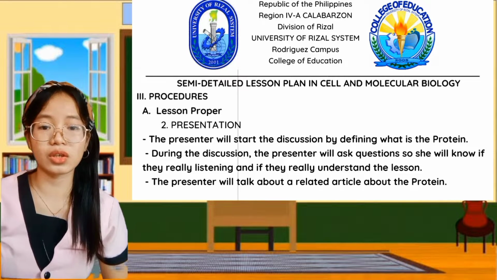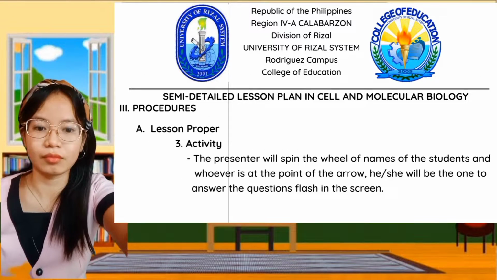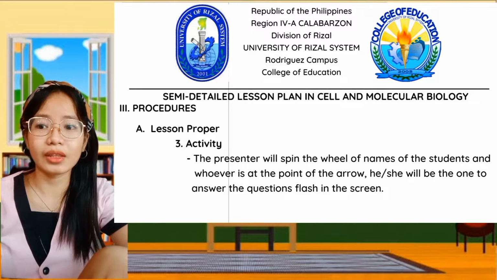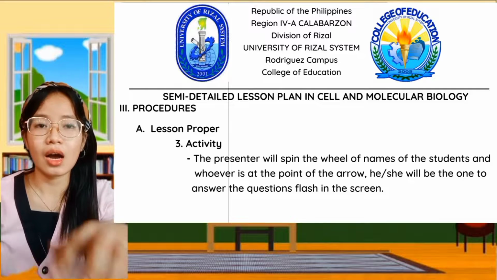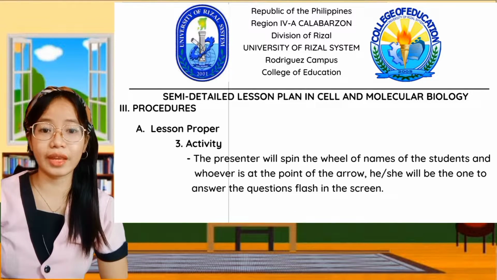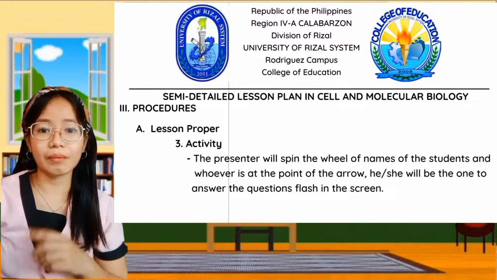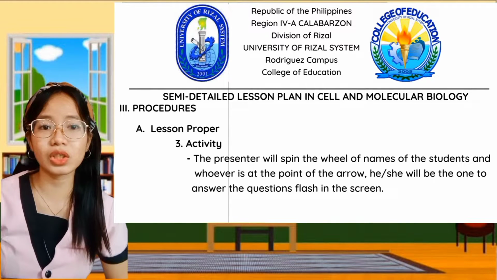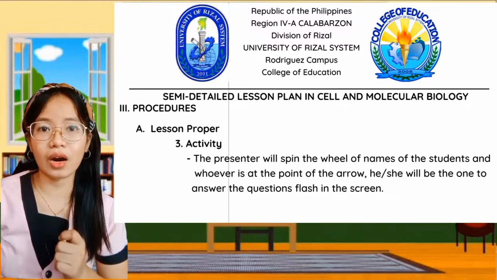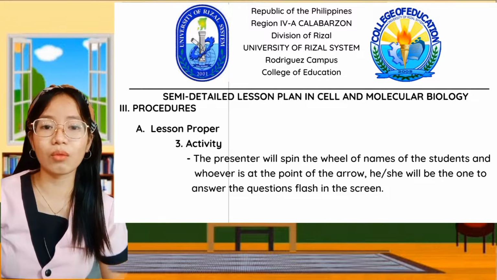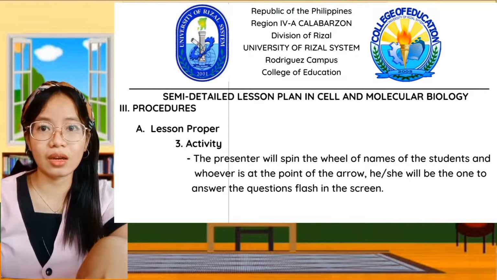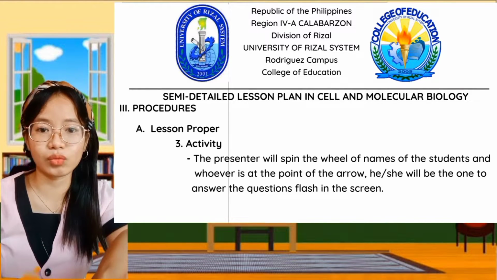Then I will talk about a related article about proteins and share some good information about it. Next, we will have an activity where I will spin the wheel which has your names, and whoever is at the point of the arrow will be the one to answer the activity that is present on the screen of your phones.